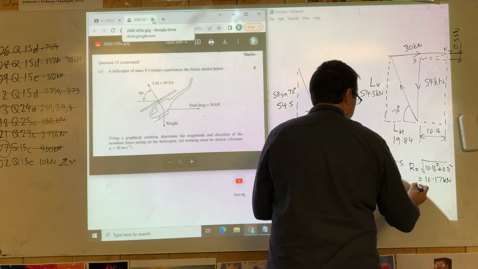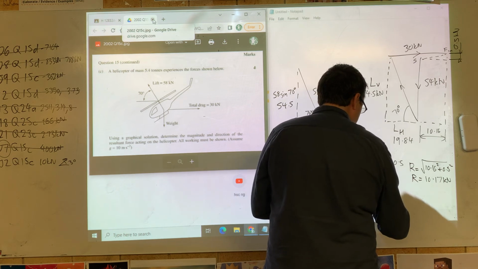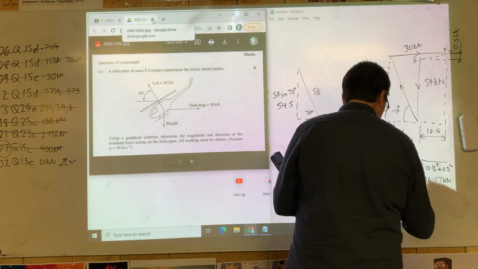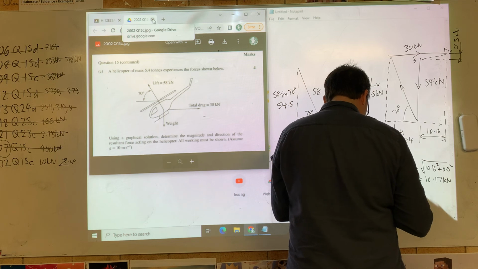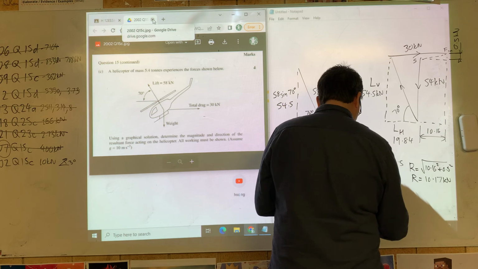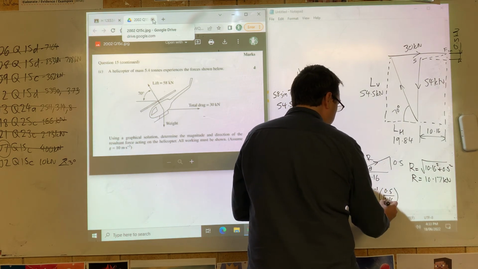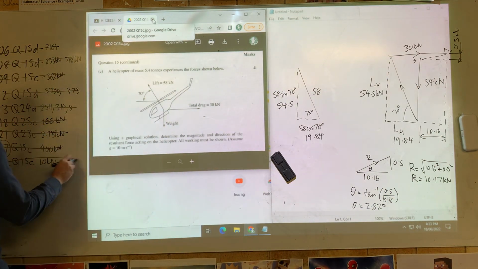And all our values are in kilonewtons. And our theta is equal to opposite over hypotenuse. That's what I get. And when we look at the answers, it's pretty close to that.